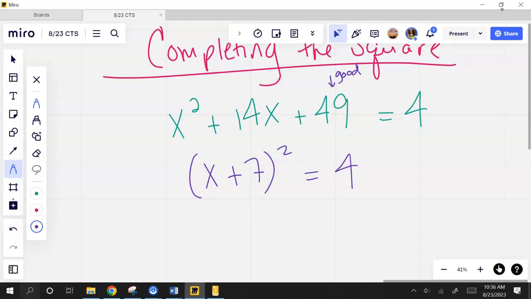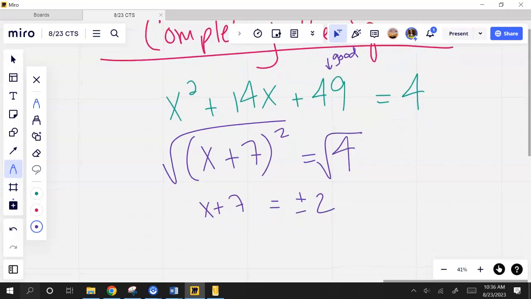If you were solving this for x, this looks just like the problems we were just doing, doesn't it? How would you solve that? Square root. What's the square root of 4? Plus or minus 2. And then subtract the 7, right?